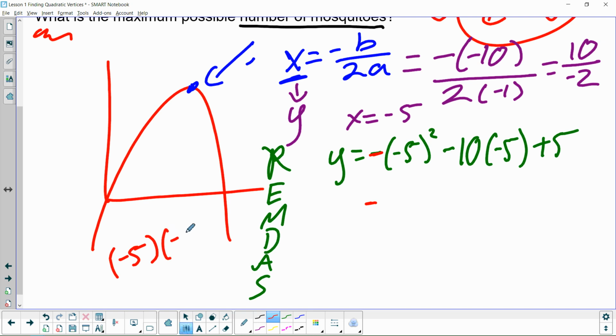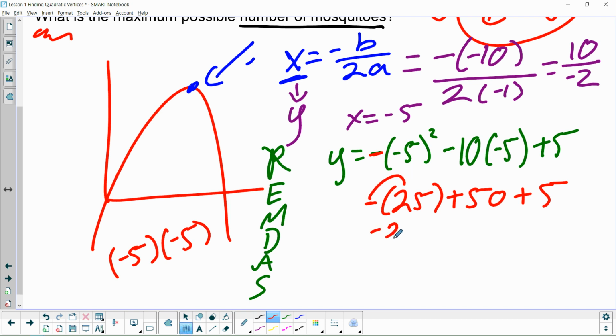All right. Now we're doing our multiplying. So -10 times -5 is +50, and then bring down our +5. All right. Technically, that distributes in -25. And now we're just adding. So 50 plus 5 is 55, minus 25, y is 30.